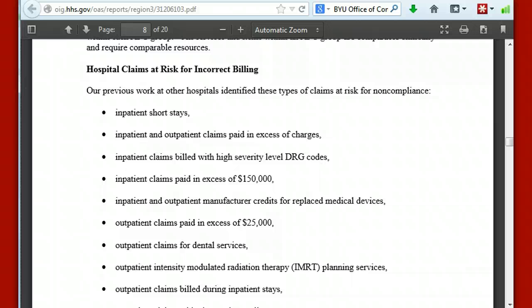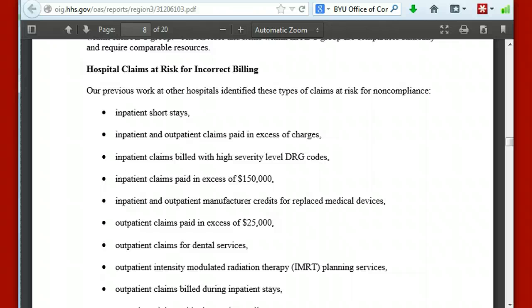This again is something that you might want to make sure that you have on your audit plan. Are you looking at inpatient short stays? Are you looking at claims paid in excess of charges, different high severity DRG levels, claims paid over $150,000 for inpatient, claims paid over $25,000 for outpatient?